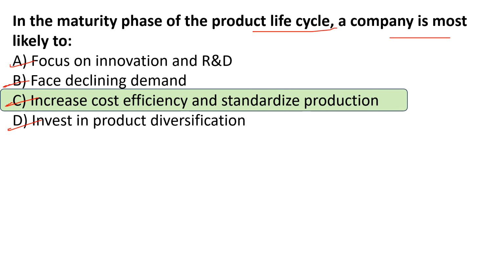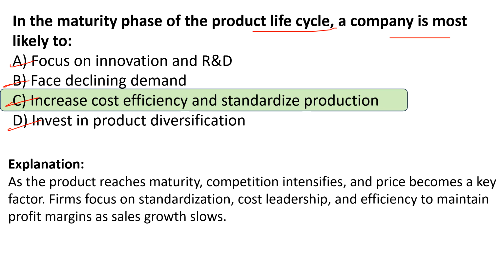In a product life cycle, in the maturity phase, companies are most likely to increase cost efficiency and standardize production. So what happens in the maturity phase? As the product reaches maturity, competition intensifies, right? Price becomes a key factor. Firms focus on standardization, cost leadership, and efficiency to maintain profit margins as sales growth slows.